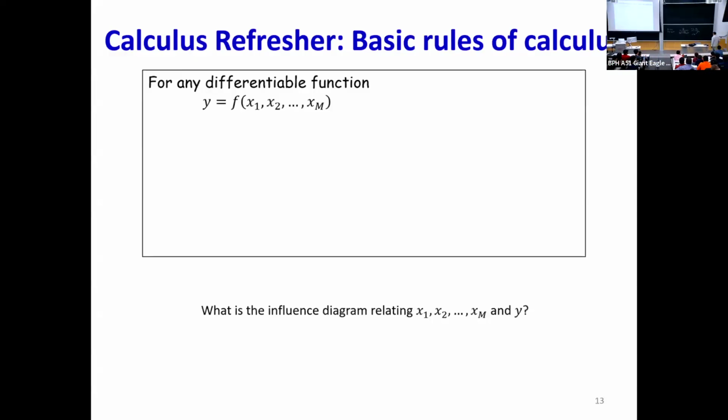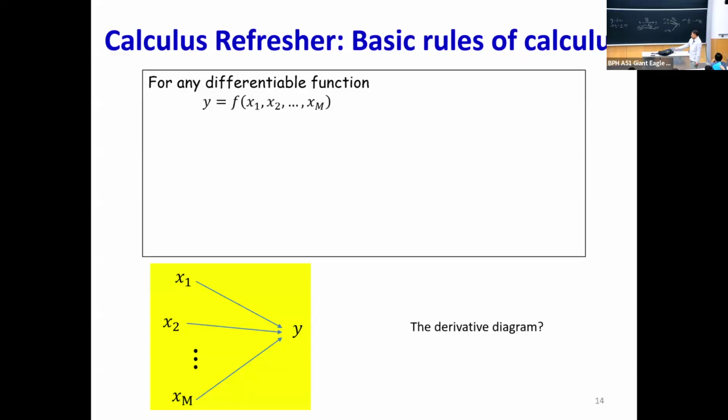So this is simply going to be what comes in through this edge plus what comes in through this edge, the total input coming from all of the edges. What comes in over this edge is going to be delta x1 times partial y over partial x1. What comes in through this edge is going to be delta x2 times partial y with respect to x2, and so on. This notation making sense to you guys?